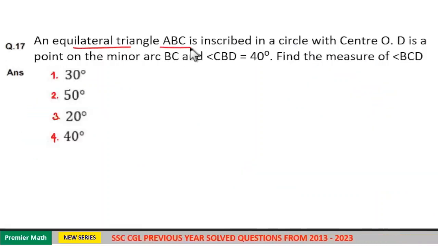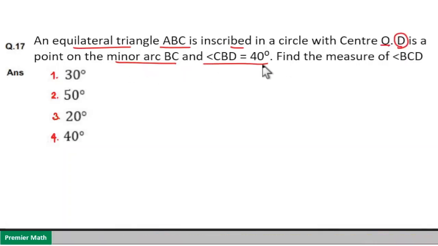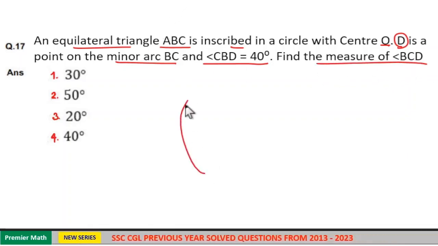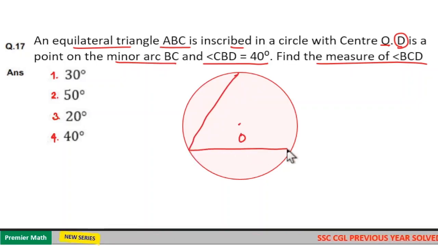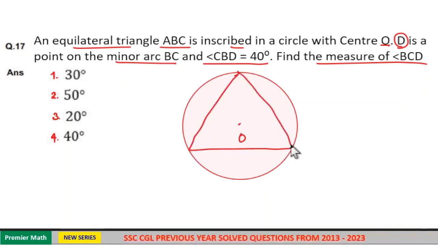An equilateral triangle ABC is inscribed in a circle with center O. D is a point on the minor arc BC and angle CBD is 40 degree. Find the measure of angle BCD. Here this is the circle with center O, and an equilateral triangle ABC is inscribed in the circle.